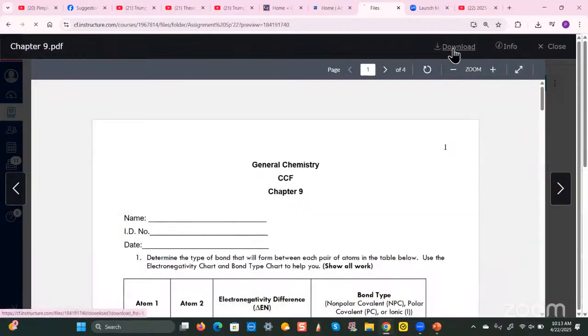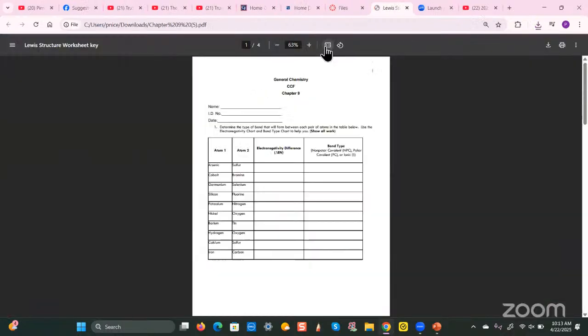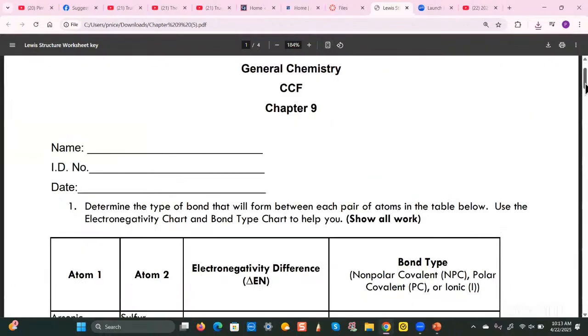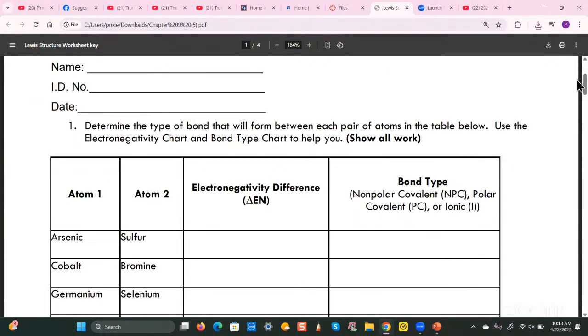Based on what we have covered so far, we should now be able to do the first question. You're going to need that same table to answer it. The question asks you to determine the type of bond based on the difference in electronegativities between the two atoms, and indicate whether it is non-polar covalent, NPC, polar covalent, PC, or ionic, which is I.